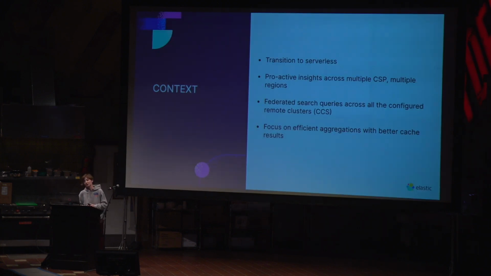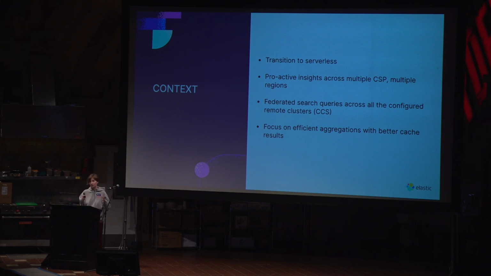So let's go to the context of this talk today. Why Elastic started to use SLOs, and why we think this is a cool feature, is that in the last year or so, Elastic has been transitioning to serverless. By serverless, I mean Kubernetes.